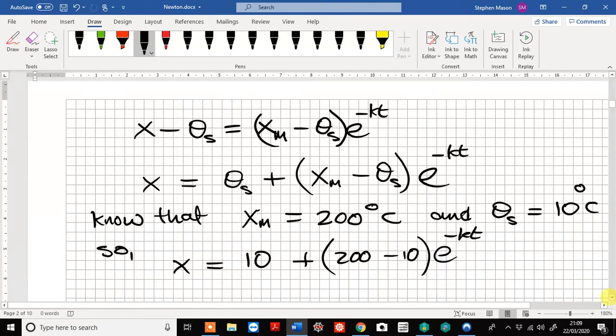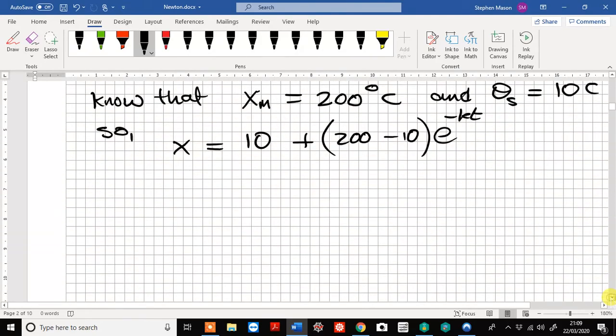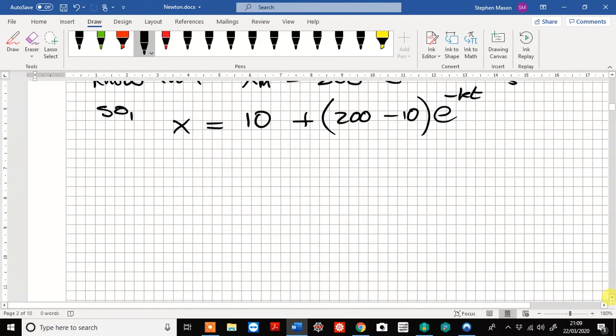I think I'm getting a bit more used to using this pen. My handwriting looks a bit neater, but you'll have to bear with me because I still have to improve. So anyway, what does this come out to be equal to?